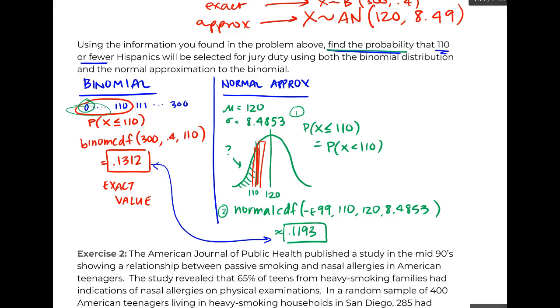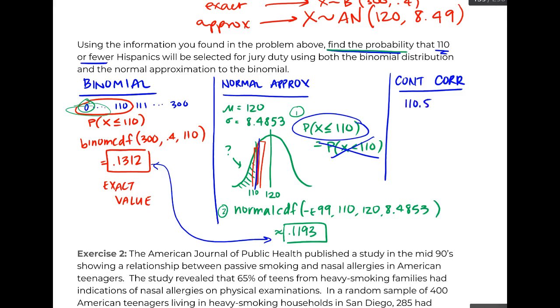So the way we fix this is we do what's called a normal continuity correction. So a continuity correction is if I want to say not this, but this, I want to include 110. What I'm going to do is actually go up to 110.5, go up right between these two bars. So that way I can say include the entire 110 bar, right? If you think of this as a bar chart.